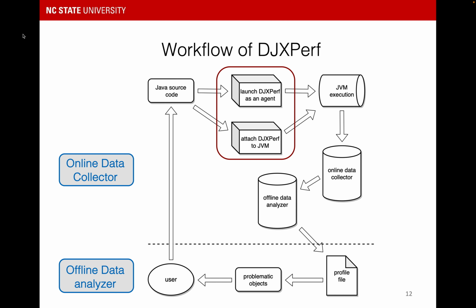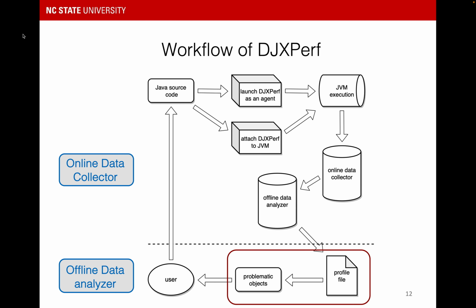This is particularly useful for monitoring long-running programs such as web servers or microservices. The collector starts the measurements and generates a profile file per thread. The analyzer then aggregates all of the profile files from different threads, sorts the metrics, and generates one final overall profile file, which shows the problematic objects to the developers.